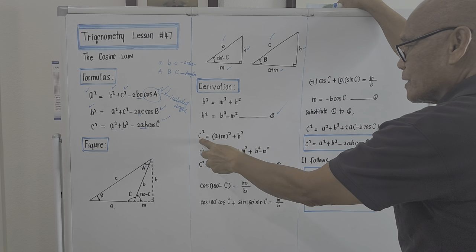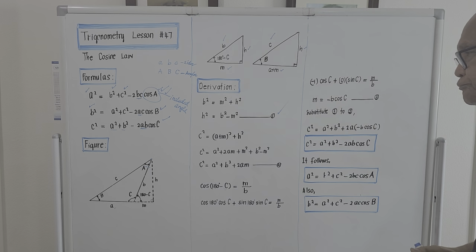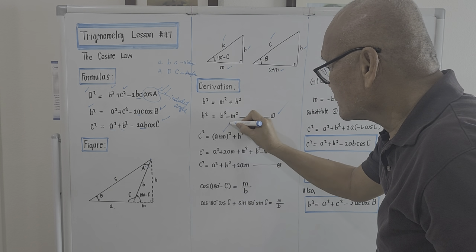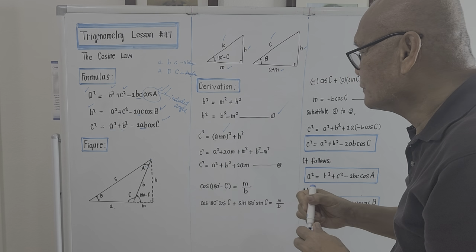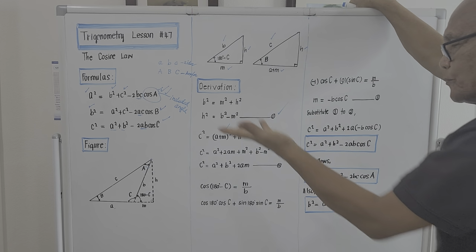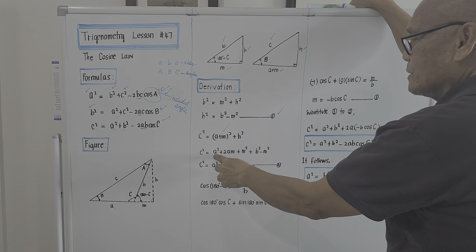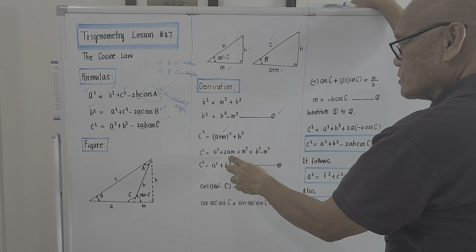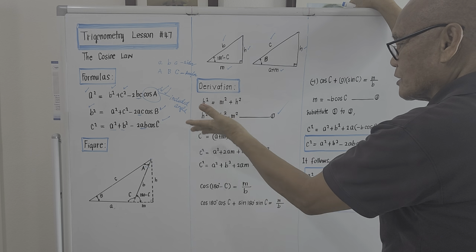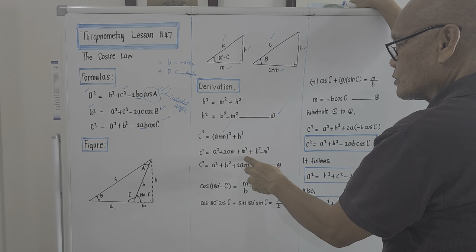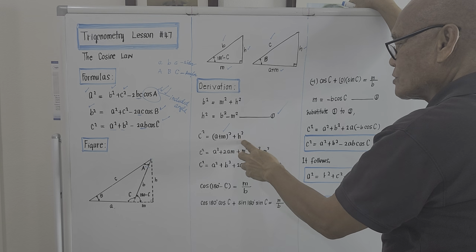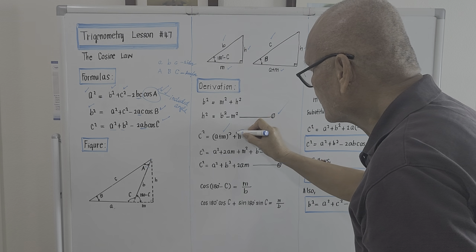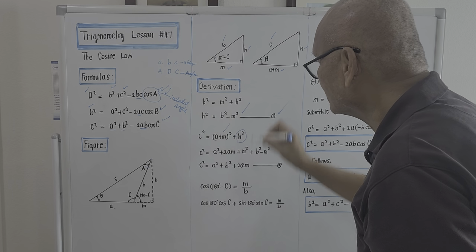Solving for C square now, we expand this one. This is a binomial, we square it. The first term will be the square of the first one, A square. The middle term will be the product of A times M times 2, which is 2AM. And the last part will be the square of M, which is M square, plus H square. We will replace this H square here by this value.